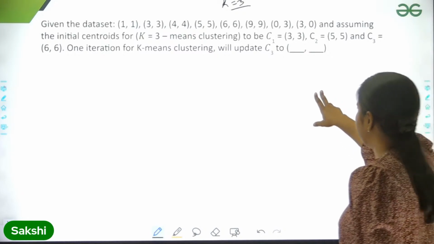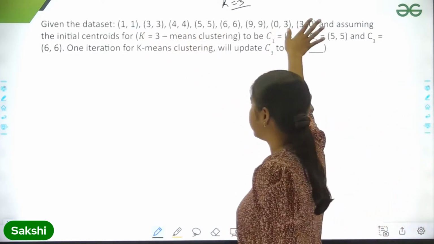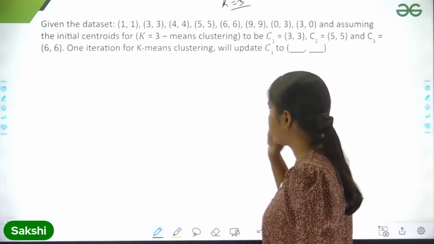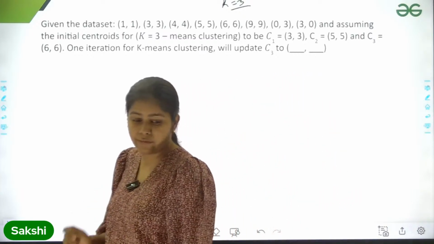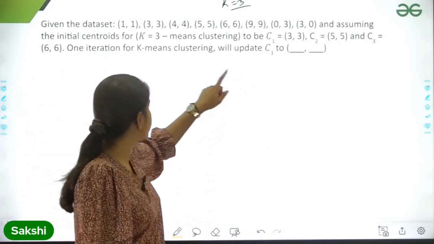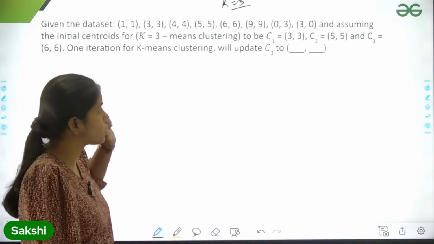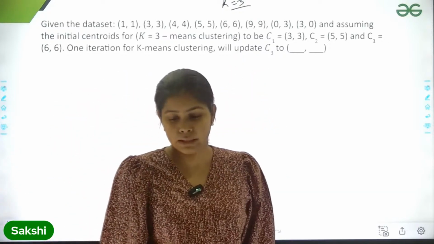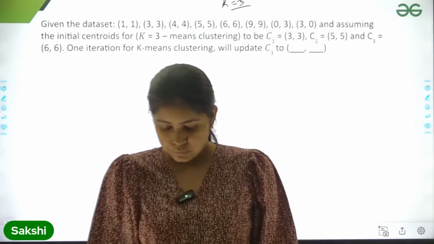Just tell me, guys. The initial centroids they have taken within the data set are 3 3, 5 5 and 6 6. So you have to tell me, if I apply one iteration of K-means, what would be the updated C3? You have to check which of the points are closer to 6 comma 6 as compared to the other centroids C1 3 3 and C2 5 5. So let me know, guys.